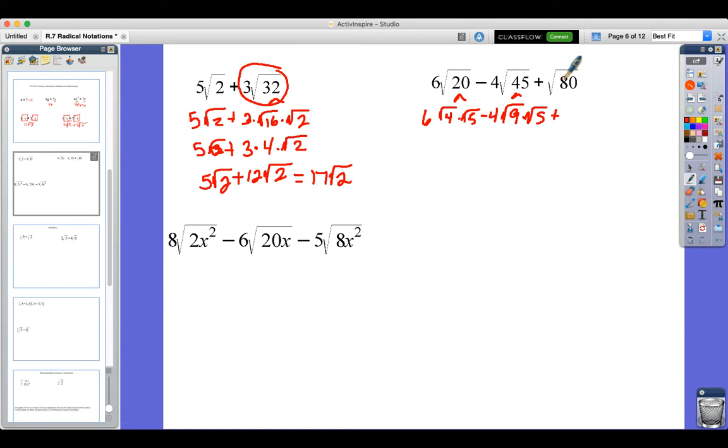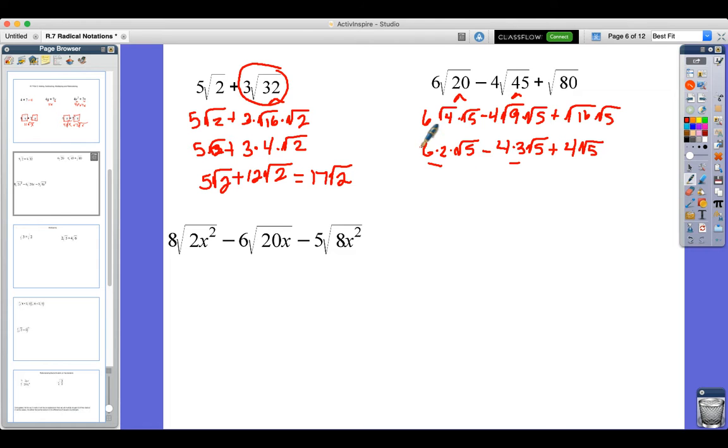It would be radical 16 times radical 5. So this factors out to be 6 times 2 times radical 5. Here we get 4 times 3 times radical 5, and then we get 4 radical 5.